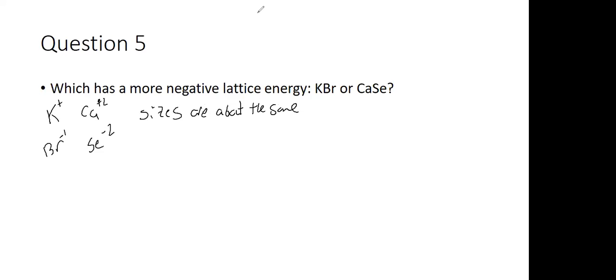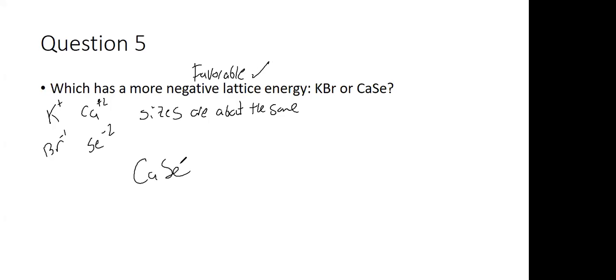So negative lattice energy is favorable. It's a good thing. If you have negative lattice energy, that means you're being held together very strongly, because forming a crystal always releases energy, and when you release energy, that's negative. So really, when it says more negative lattice energy, that is what has the stronger lattice energy, or what makes the stronger crystal.